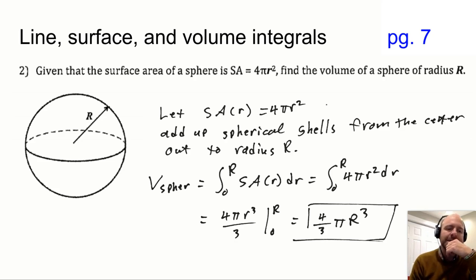Think of it as repeatedly dipping something in wax and giving it another layer again and again, or maybe peeling off the layers of an onion, although they're not spherically symmetric. So you integrate 4 pi r squared with respect to r from 0 to capital R, adding up arbitrarily thin spherical surfaces, to get 4/3 pi r cubed, which is, of course, the volume of the sphere.